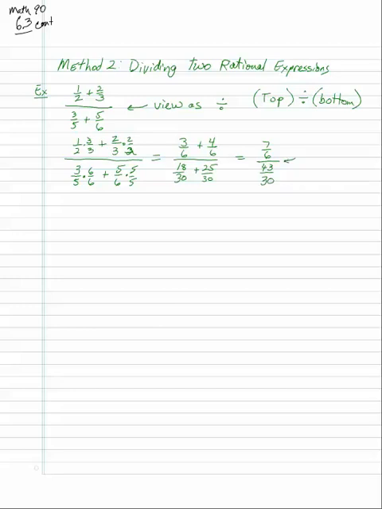Now we're going to view again that as the division symbol, so we're going to multiply by the reciprocal. Let's see, and then 6 goes in 30 5 times, so we get 35 over 43. And you see that's the same answer as we got before.